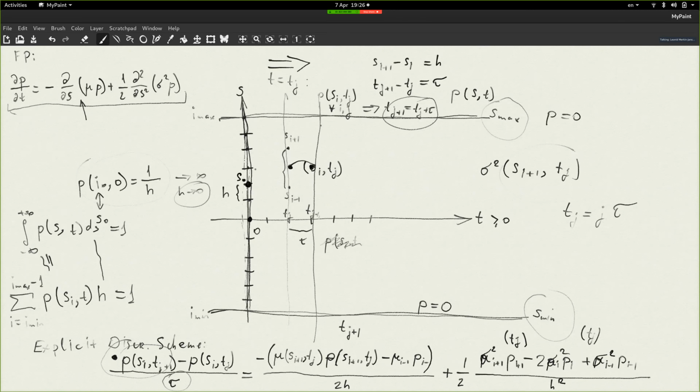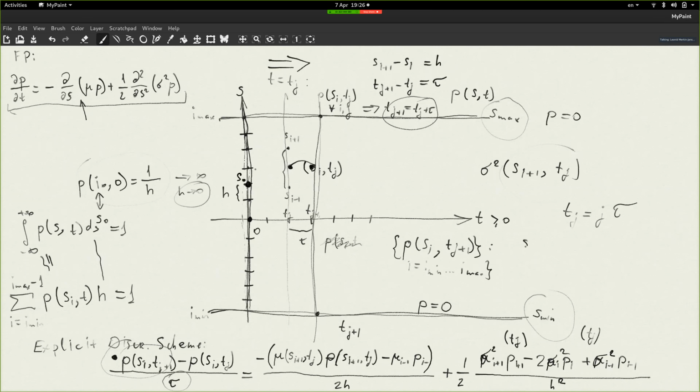So we will get a system of equations with respect to p of si, for i from 0 to i max, at tj plus 1. You have a system of linear algebraic equations. Still linear and algebraic.